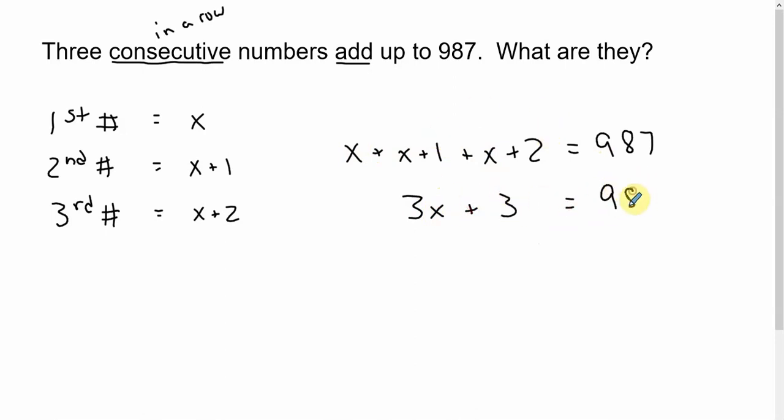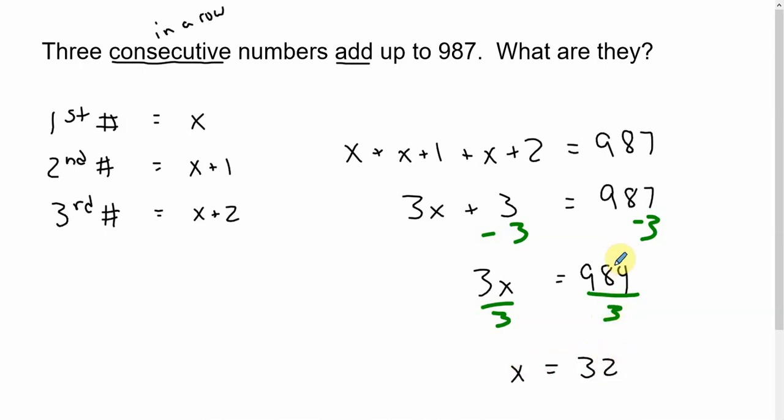So 3x plus 3 equals 987. I subtract 3 from both sides. So 3x equals 984. I divide both sides by 3. So x equals 328, I think. Yeah, 984 divided by 3 is 328. So x is 328. That was my first of the 3 numbers.